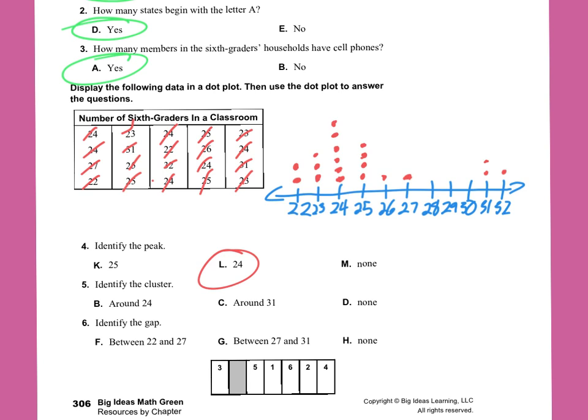A cluster is where most of my data is. Most of my data is around 24. And then identify the gap. Do we have a gap right here, in between here and here? So we have a gap in between 27 and 31.